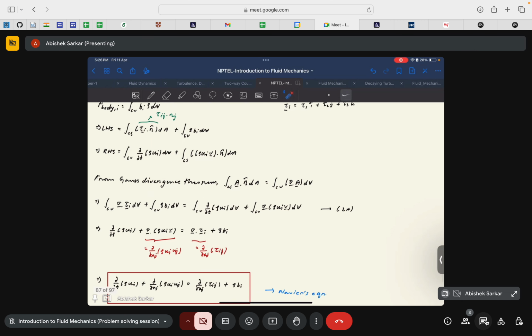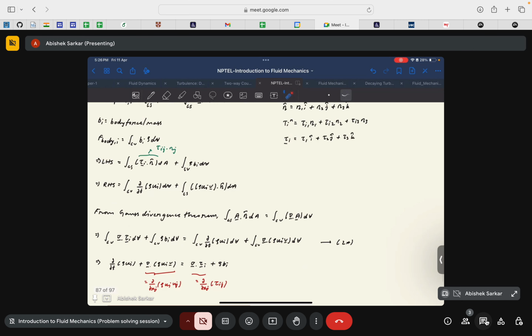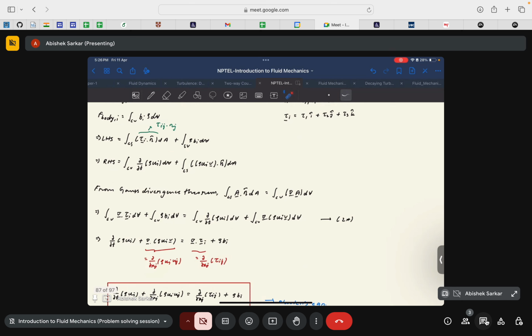So when you go back, of course this dot product disappears when we convert this surface integral to a volume integral using the Gauss divergence theorem. But I hope you get the idea. So from equation 2.7, if you replace this vector symbol with the respective index here and here, the final form of the equation that we have in our hand is this.